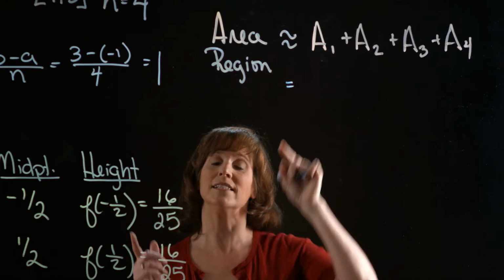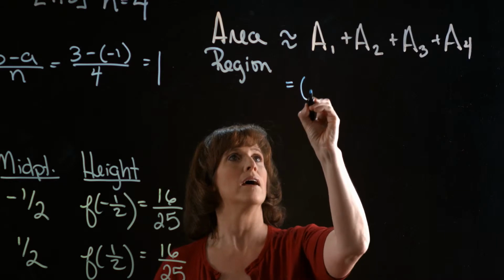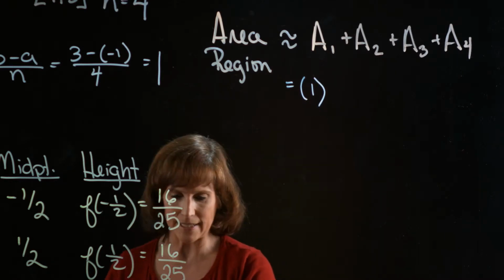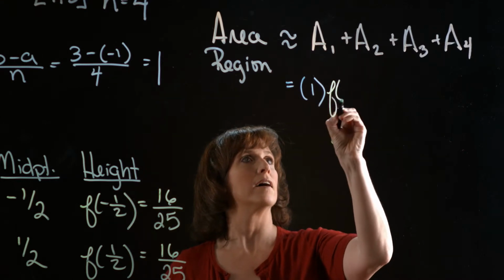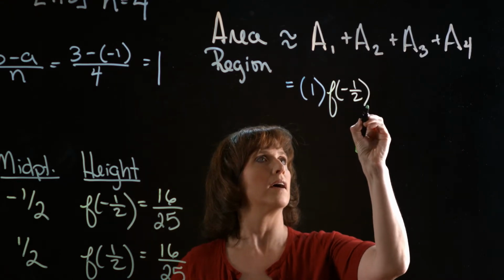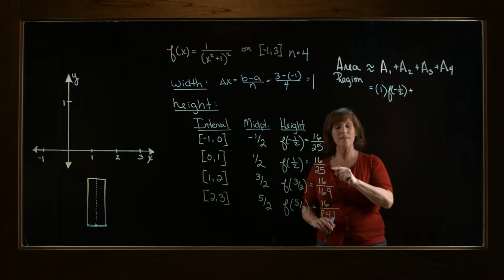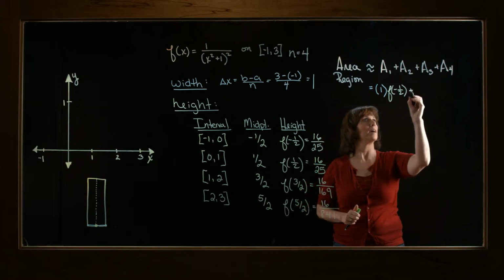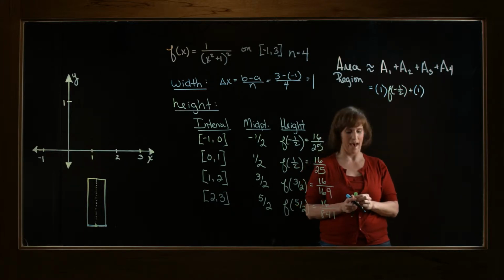The first rectangle is the width times the height. The width in this case is 1. The height is f of -1/2. On to my second rectangle. The width again is 1. The height this time is f of 1/2.